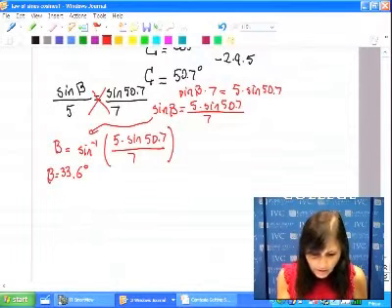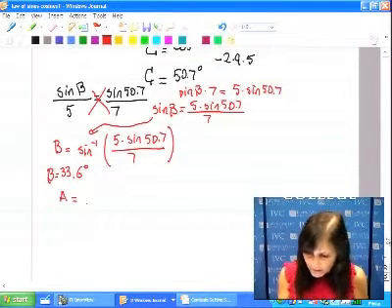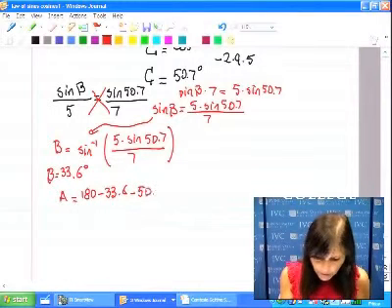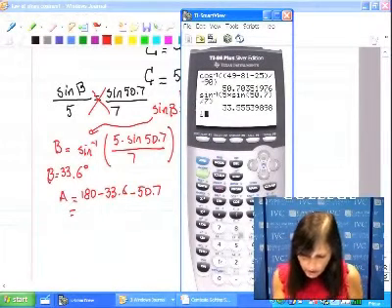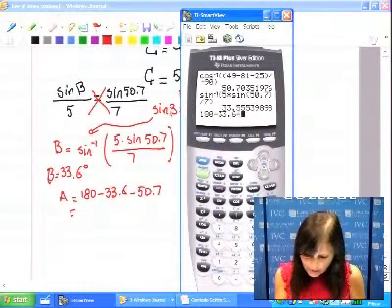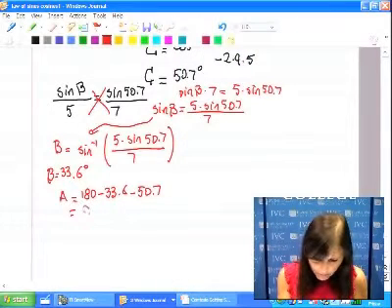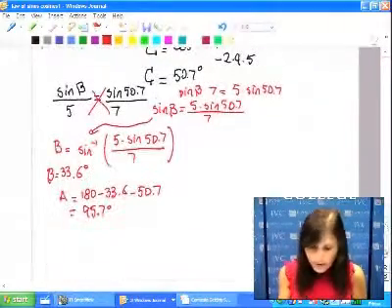So the third angle, I have the C and the B, so I need the A, and A is going to be 180 minus 33.6 minus 50.7, and that will give me 95.7 degrees. All right, very good.